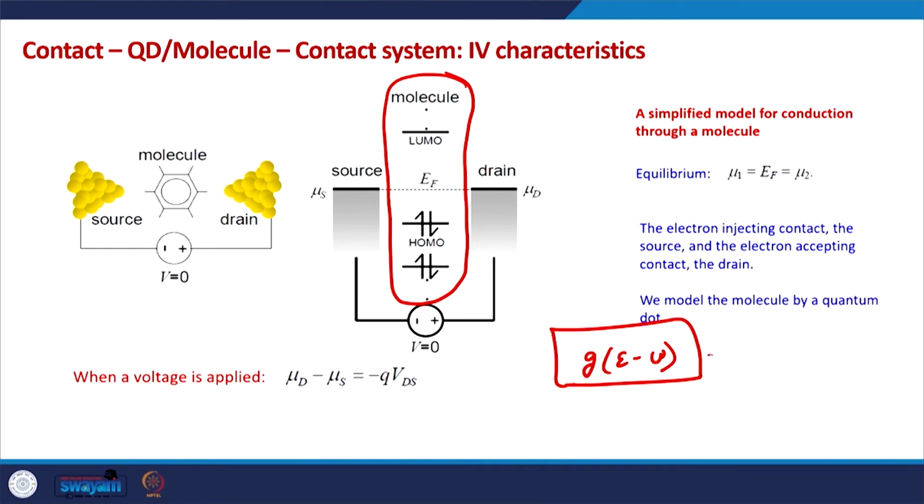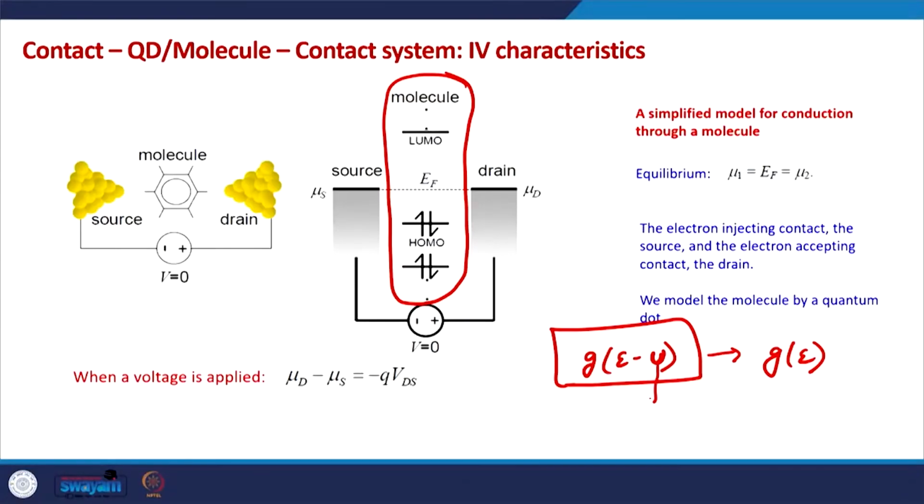So if U is 0, in that case the density of states is just G times E, but if the effective potential, which has two contributions, one because of the quantum capacitance and second because of the electrostatic capacitance, and this effective potential can be broken down in two parts, electrostatic and quantum, and if there is this change, it will change the density of states in the system as well.